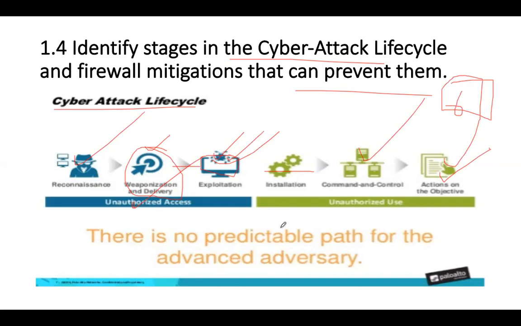Once it gets installed, I'll check the activities, whether it is working or not, and then I'll execute it. I'll gather all the information on what you are dealing with. So this is from the attacker's perspective.